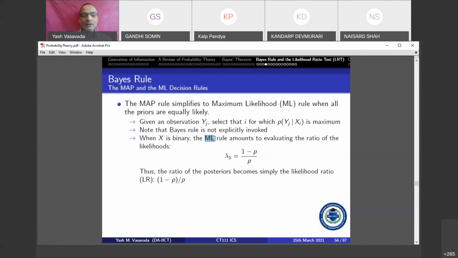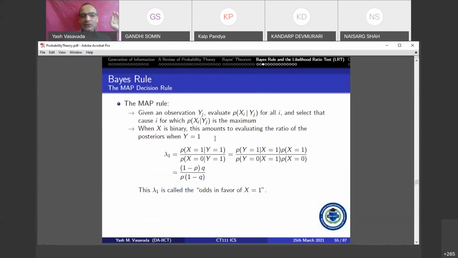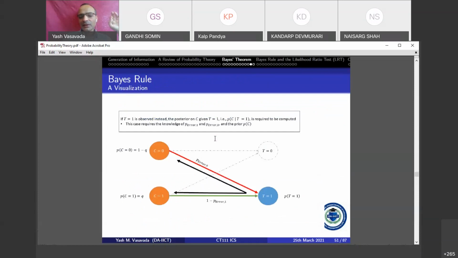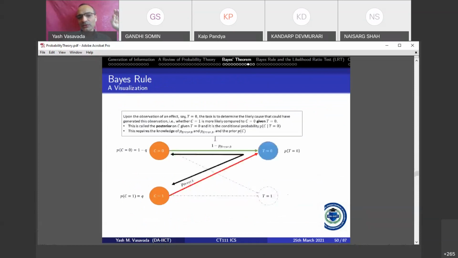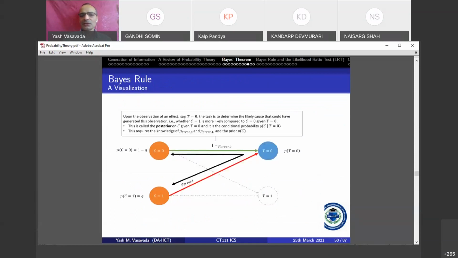Okay. Now, one more thing is that we have to be absolutely clear about what we are doing by MAP and ML. And I will repeatedly ask you to go back to these two diagrams. If you understand these two diagrams and what we are trying to do by these two diagrams, then the mathematics will not come and stand in the way of a deep understanding.